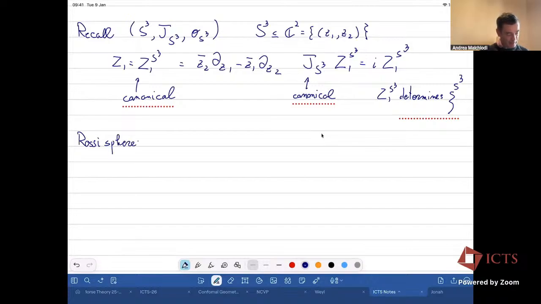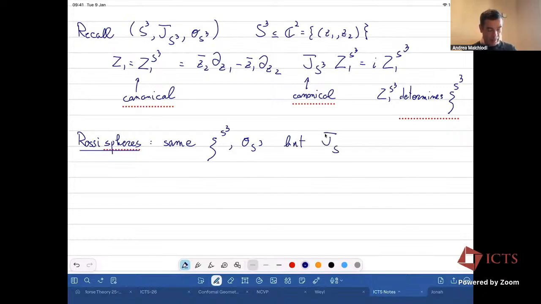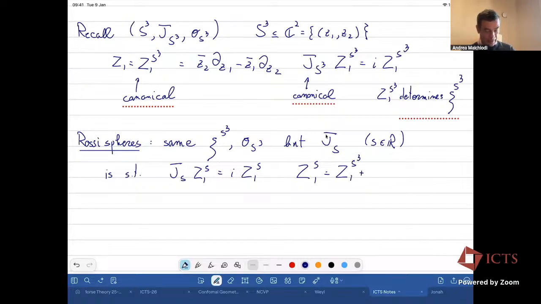Rossi spheres have the same Xi S3 with the contact form theta S3, but J S, where S is a real number, is such that J S of Z1 S is equal to i Z1 S. And Z1 S is Z1 S3 plus S times the conjugate, bar.